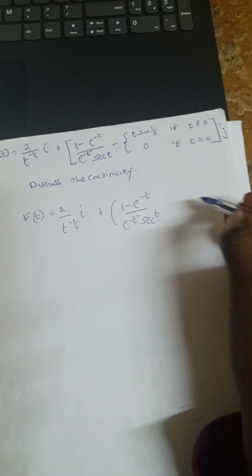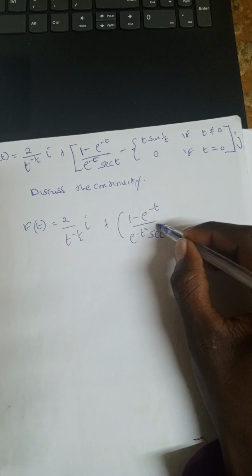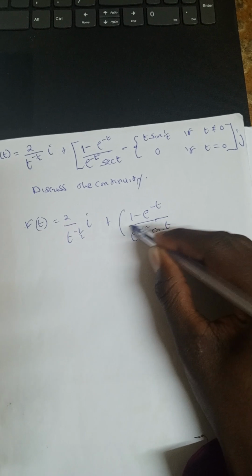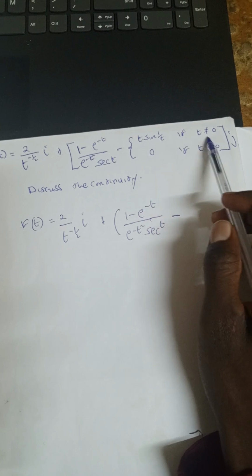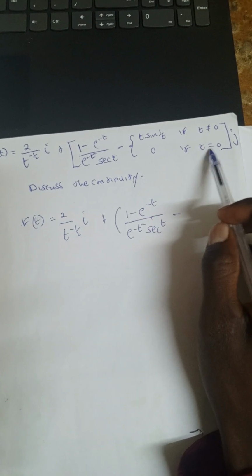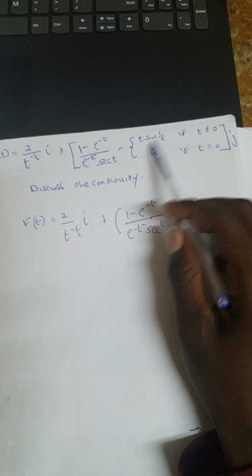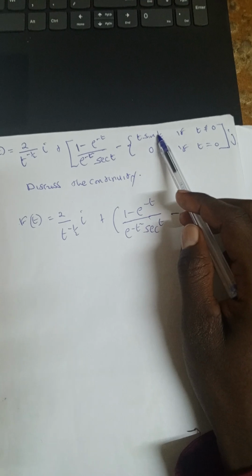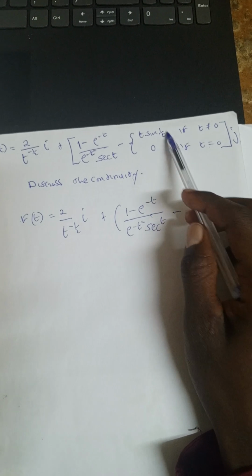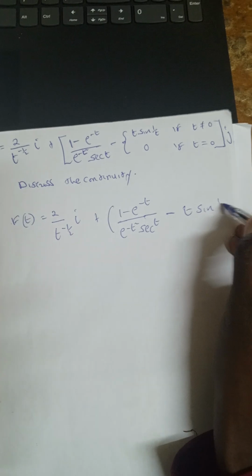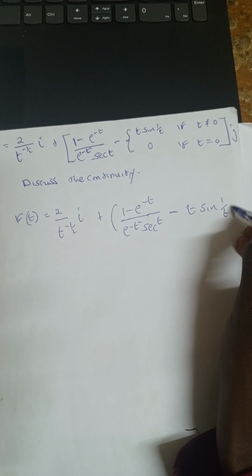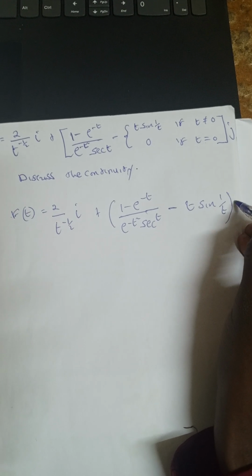From here, notice how I'm going to rewrite this: minus, I'll just take here when t is not equal to 0, because the condition is when t is equal to 0, this whole thing is 0. But when t is not equal to 0, we are having t sine 1 over t, like this, j.